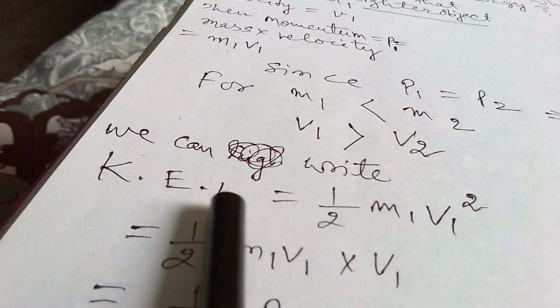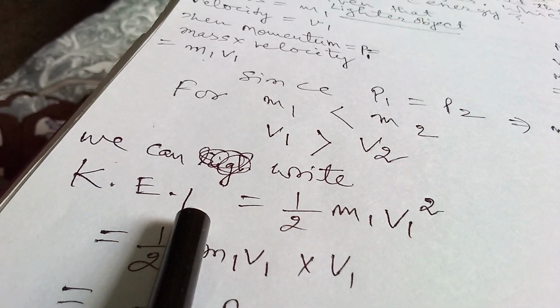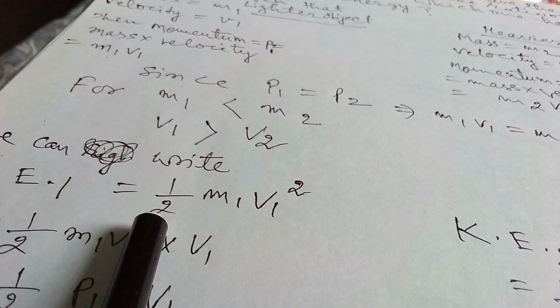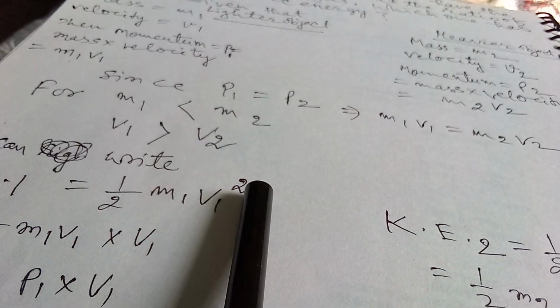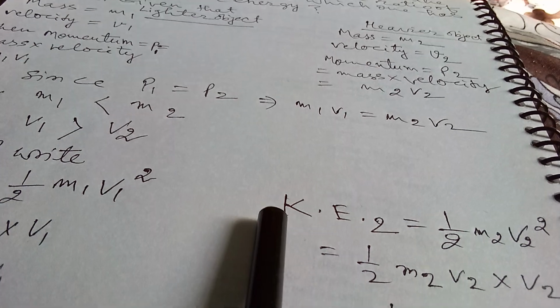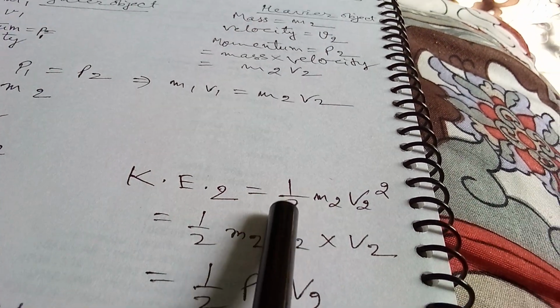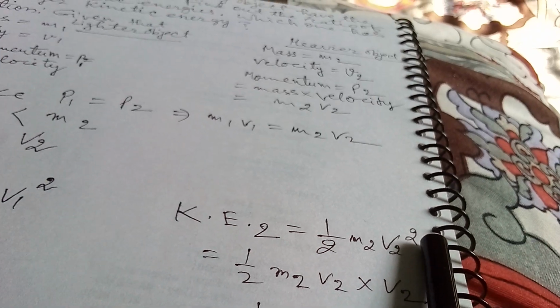So we can write kinetic energy 1, that means kinetic energy of the lighter object, equals 1 by 2 m1 v1 square, and kinetic energy 2, of the heavier object, equals 1 by 2 m2 v2 square.